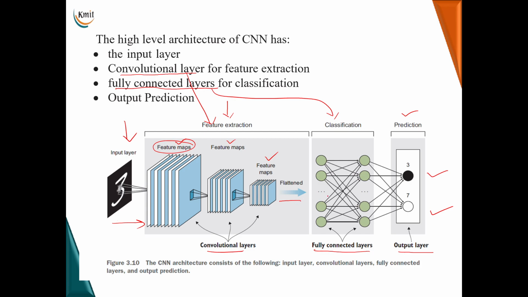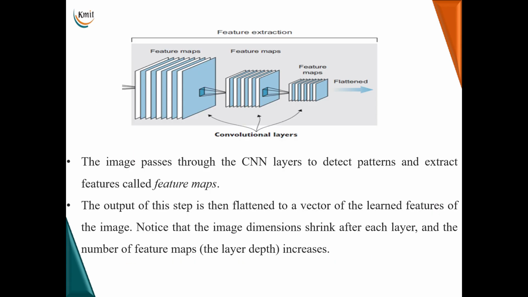This flattened feature vector is fed to a fully connected layer to classify the extracted features of the image. And finally, the neural network will fire the node that represents the correct prediction of the image. This is what happens in the convolutional layers where we have feature maps. As we move through the convolutional layers, the number of feature maps increases, but the dimensions of the image get reduced.